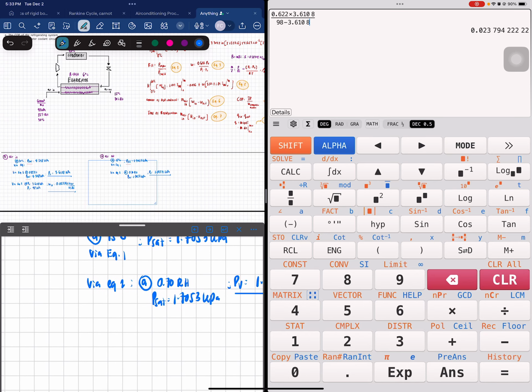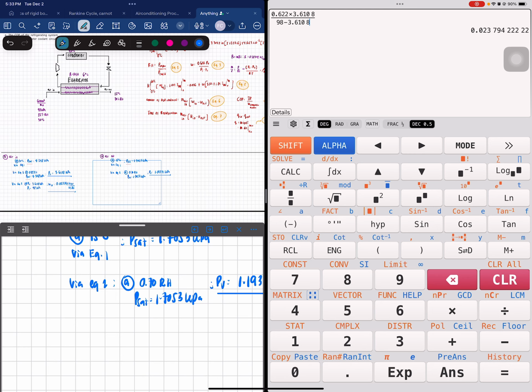moving on, air going out via equation 3, PV equals 1.19371 kilopascals. Total pressure is still 98 kilopascals.